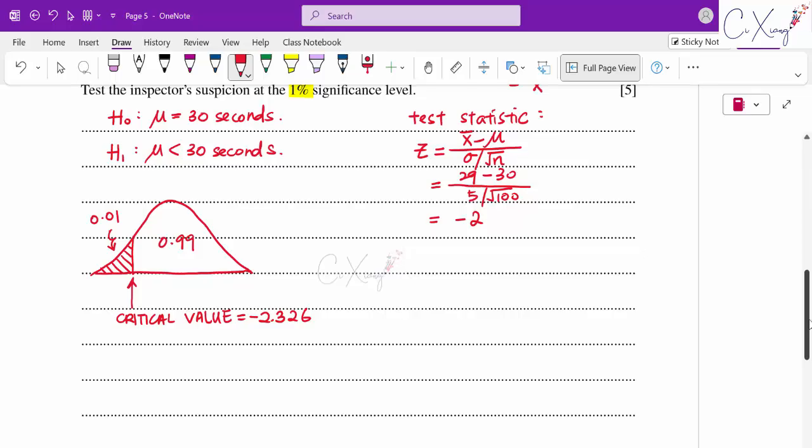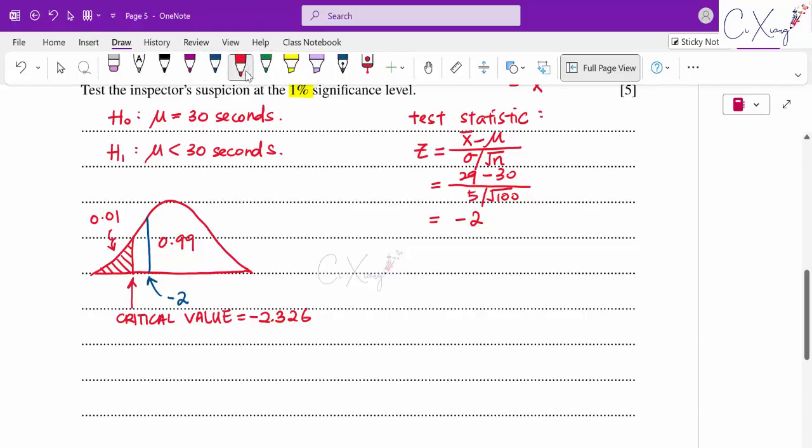After you get your test statistic, next we have to make a decision whether you want to reject the null hypothesis or accept the null hypothesis. To decide, I have to put the -2 into the diagram here. I know that this critical value is -2.326. If I want to place my -2, it should be the line over here. This is -2.